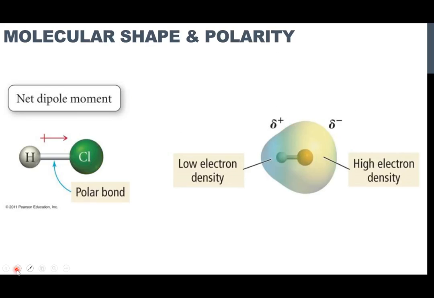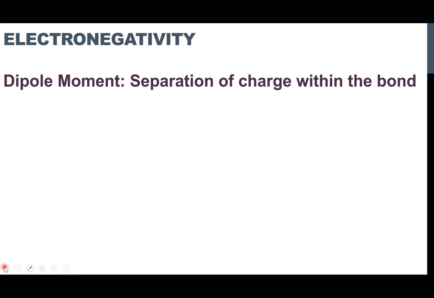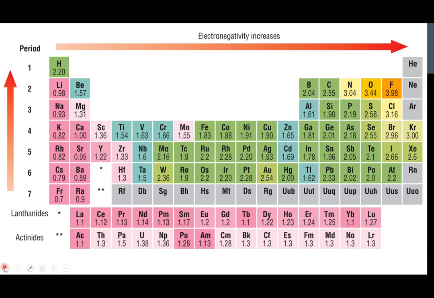Okay. So let's look at some examples. Let's look at hydrochloric acid, HCl. I'm going to go back to the electronegativity chart. And we're going to look at this bond right here, HCl. Okay, and we're going to try to determine what type of bond that is.